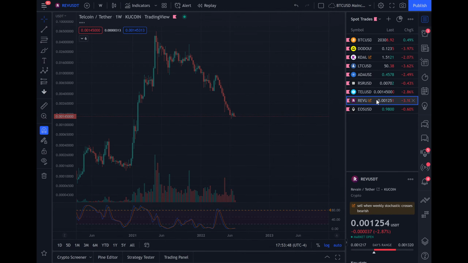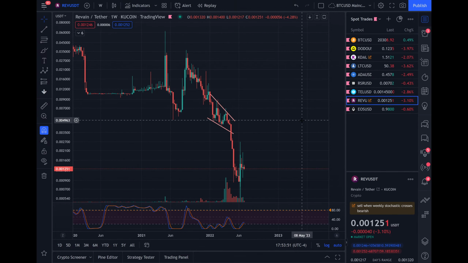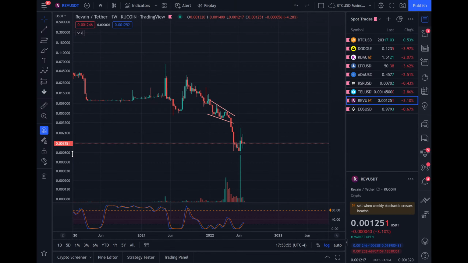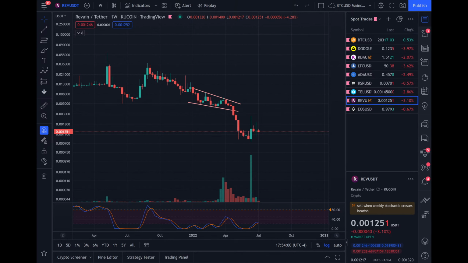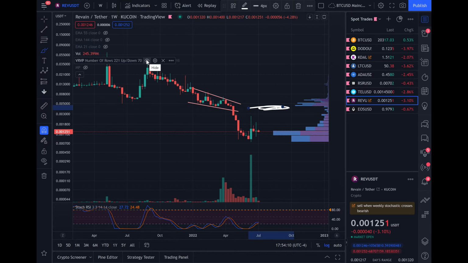Okay. Ravencoin, very volatile. Again, I'm seeing Ravencoin do something like test the bottom of this wedge, this falling wedge. So come up to this region right here. Turn on the VPVR. Yeah, it says something similar. Do you see that?